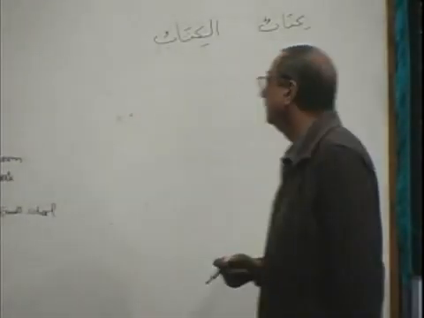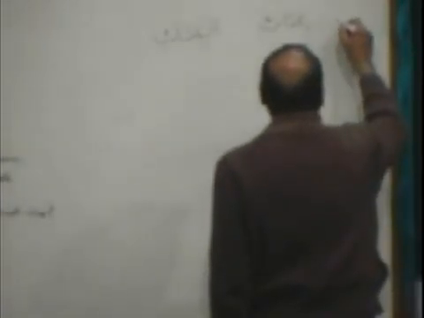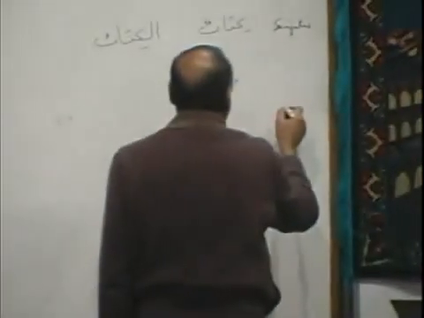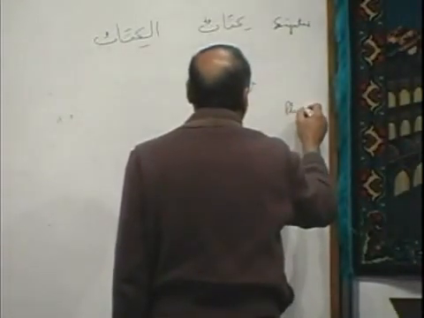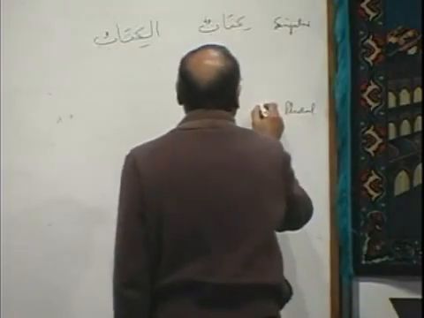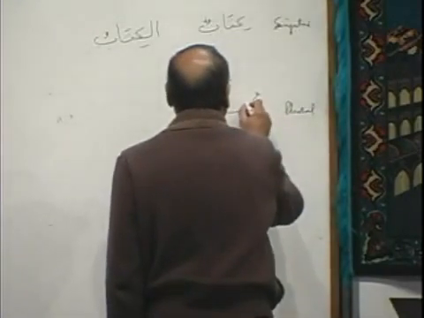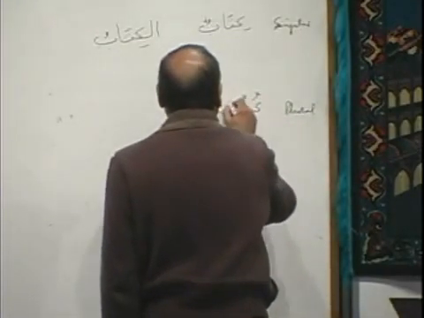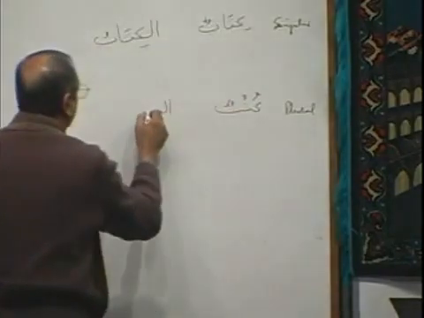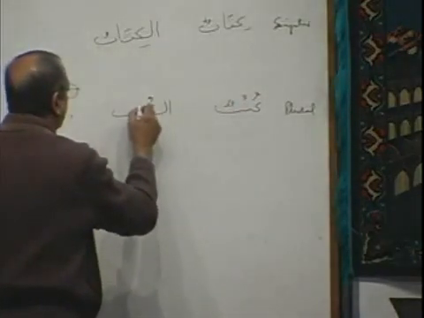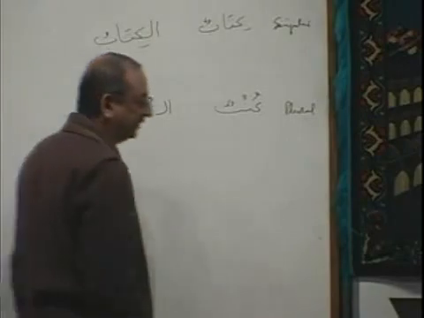A book. And what is the meaning of al-Kitabu? The book. Okay. Now, this is singular. Now I make it here plural. Kutubun and al-Kutubu. Fine, brothers and sisters.